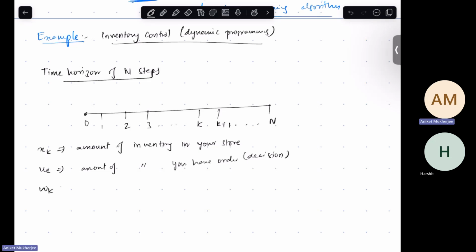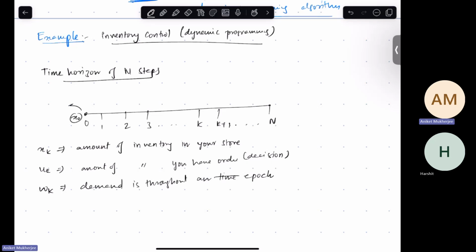Next, you have wk, which is the demand, the amount of orders that you get, right? So this is throughout a time epoch. This is not at a time instant. This is throughout an epoch. So basically, what happens is you have x0 here.